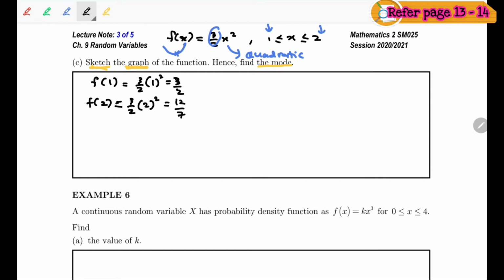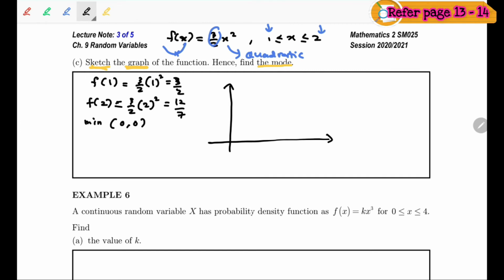And don't forget, for the quadratic equation, you have to find the minimum point. From the question itself, you can take out the minimum point. The minimum point is (0, 0). Then we are going to sketch the graph.